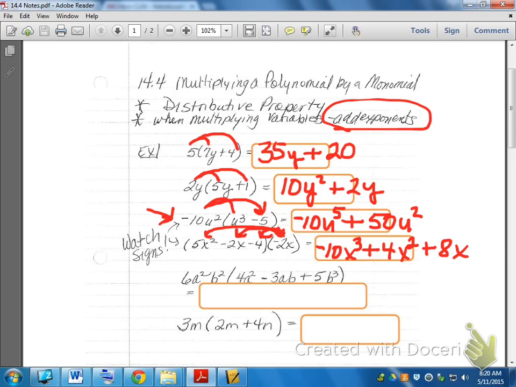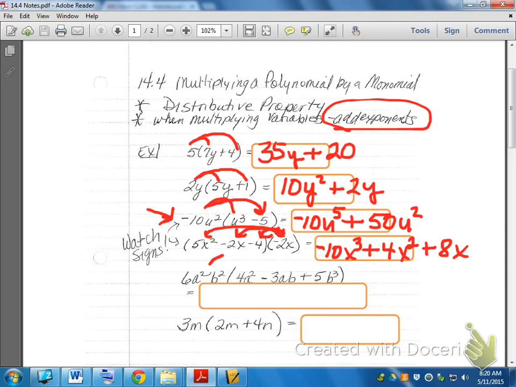All right, we're adding another little issue, and this is 2 variables on the outside that I got to distribute through. But just take it through like you would anything else. So we're taking 6a to the second, b to the second, and distributing it through the polynomial 4a to the second minus 3ab plus 5b to the third. So just go one step at a time.